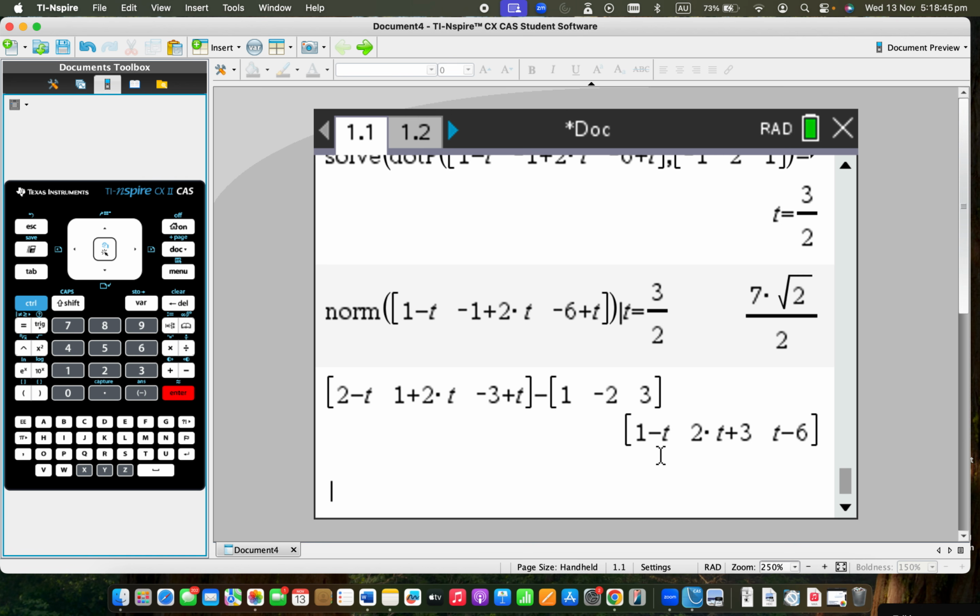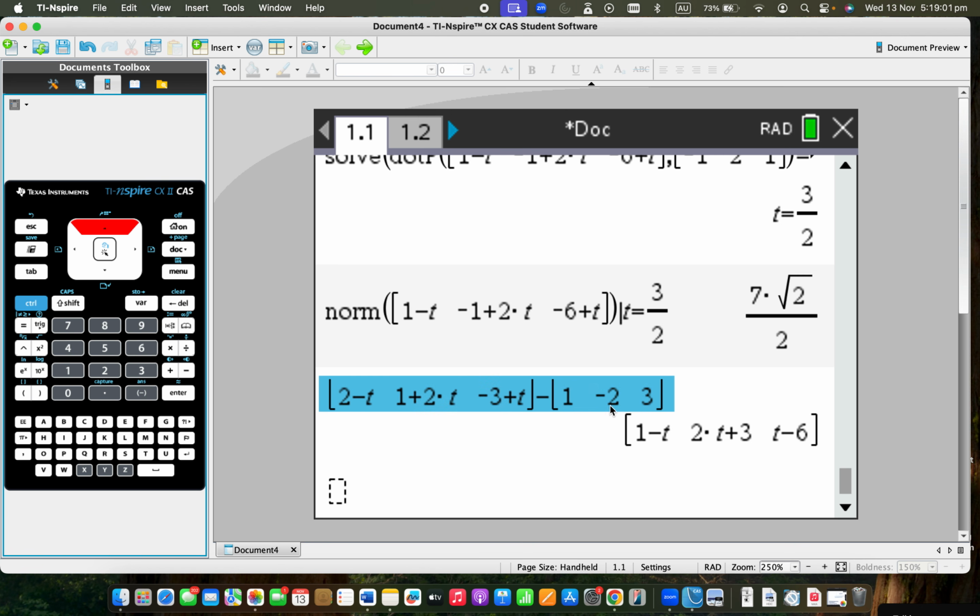Okay, I definitely made a mistake. So it's 1 minus t, negative 1 plus 2t. I wrote negative 1 plus 2t, but it's 2t plus 3. And then t minus 6, which we did. So I think the middle one I stuffed up.